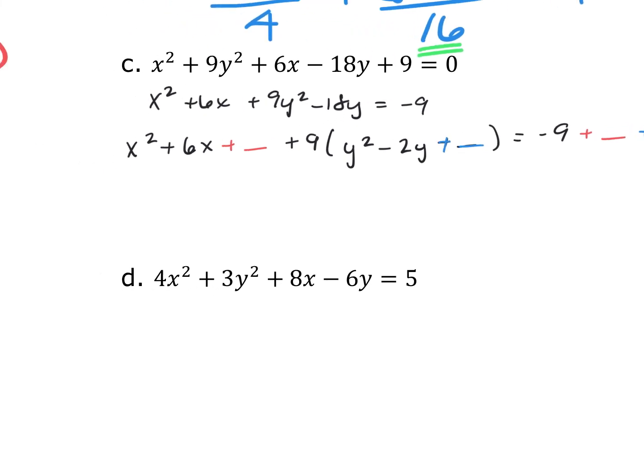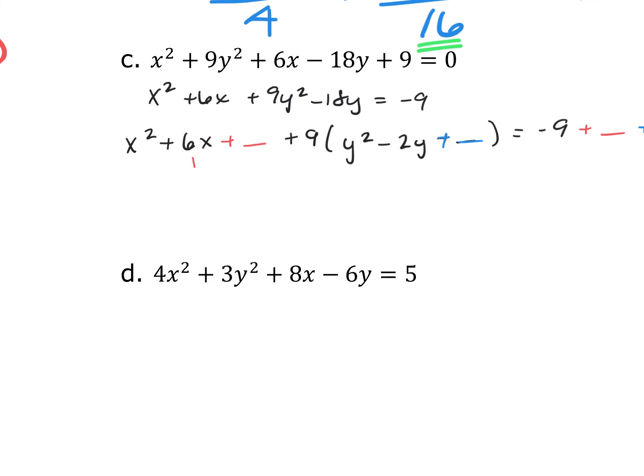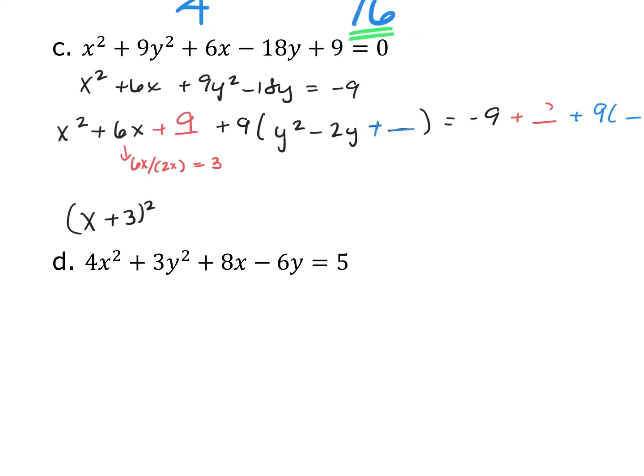Okay, so as before, I take this 6x, divide by 2x. This gives me 3. That tells me this is going to factor into x plus 3, the quantity squared. That tells me I'm going to add 3 squared, or 9 here. I'm going to add 9 there.